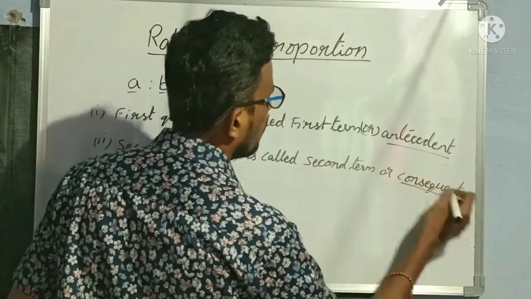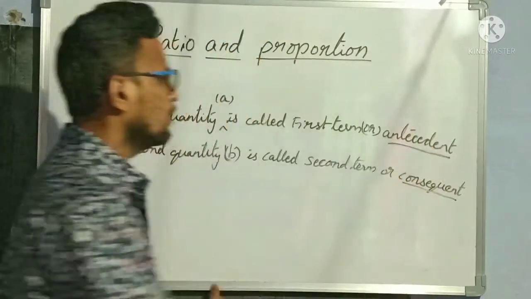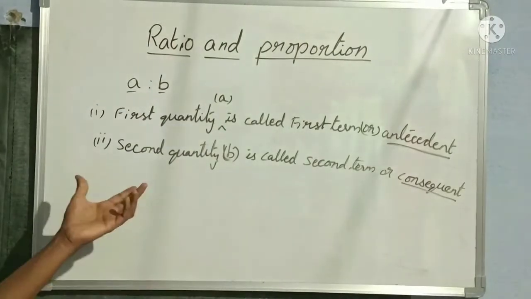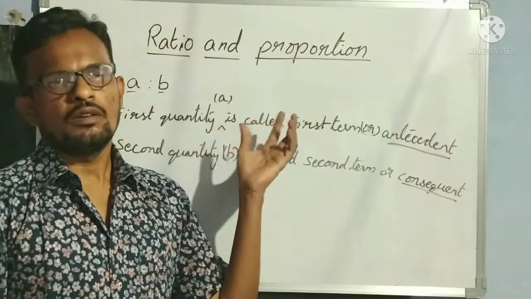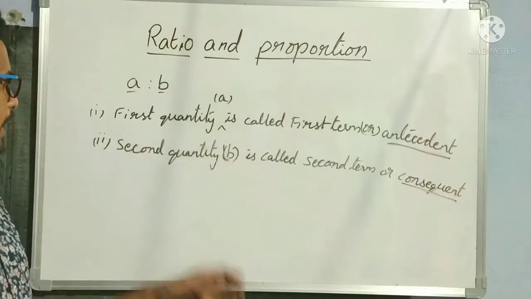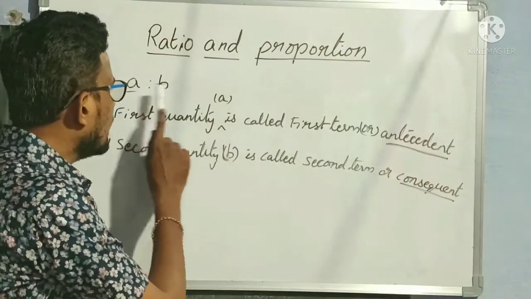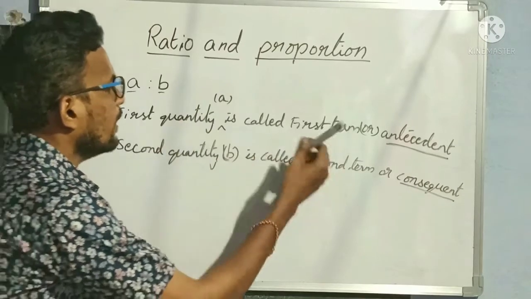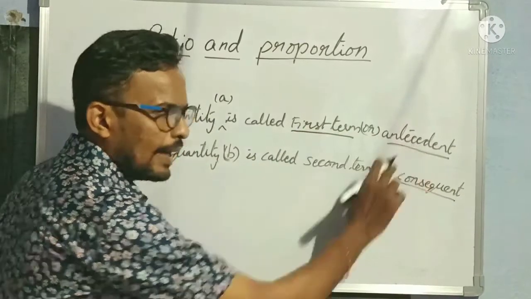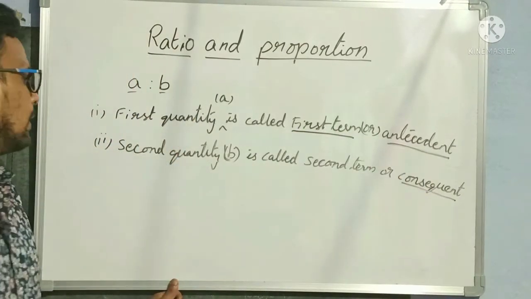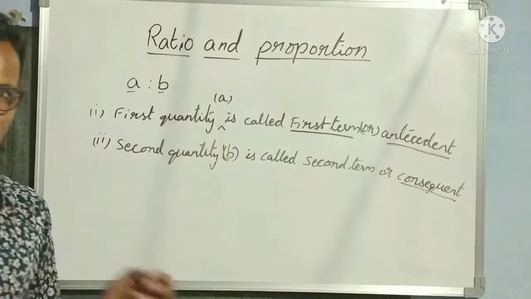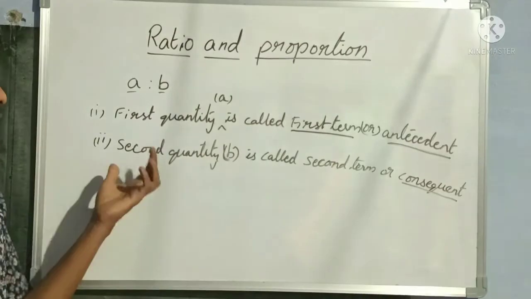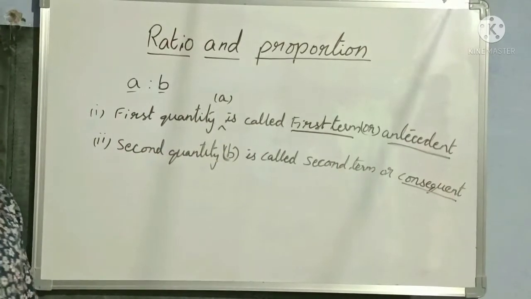I repeat once again: our first quantity A is called either the first term or antecedent, and the second quantity B is called the second term or consequent. These are very important concepts.